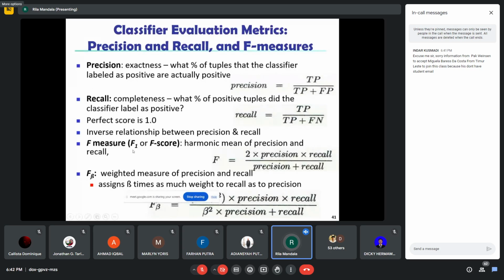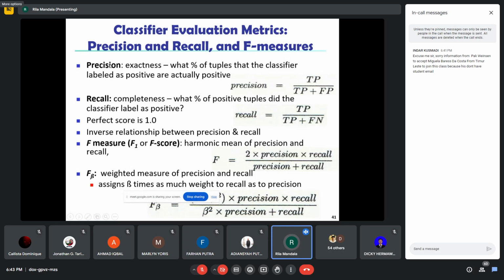The perfect score of precision and recall is 1, so the value is between 0 and 1. Because precision and recall are a trade-off, it becomes biased if we measure the result by precision and recall alone.